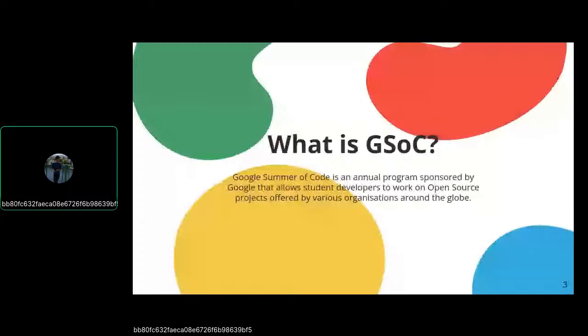Google benefits from it by promoting the open source culture, and some of the projects developed in this program are actually used by Google. For example, there's one project, Carbon Footprint, under AOSSIE only, which is currently used by Google. So Google also benefits from funding these types of programs.